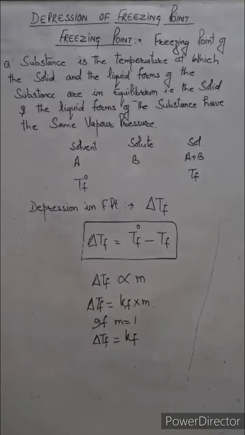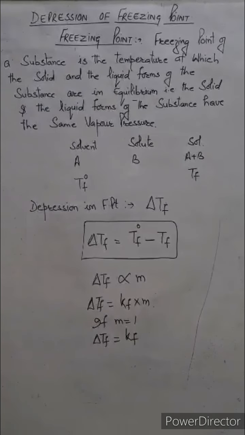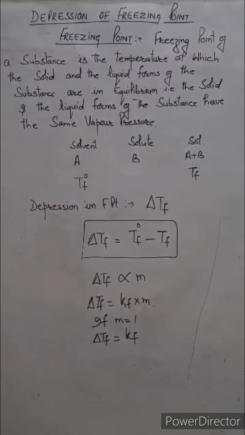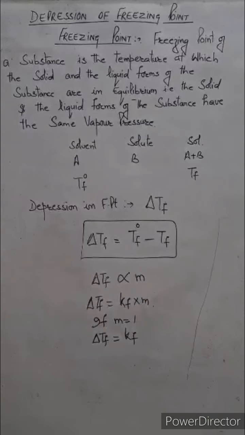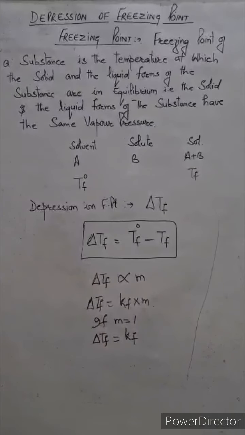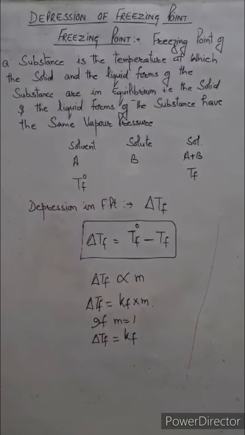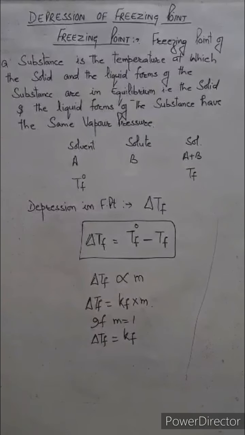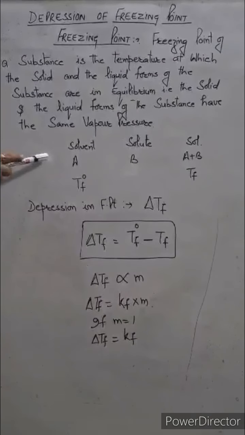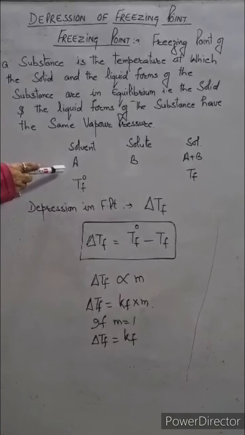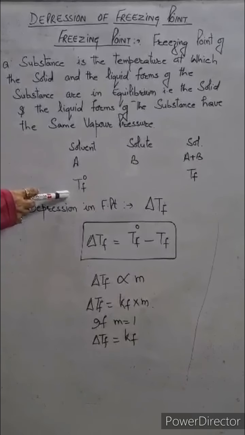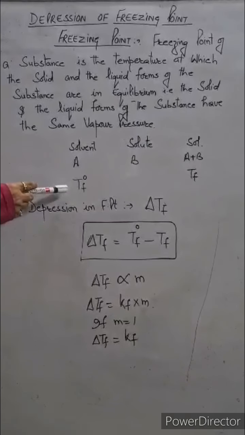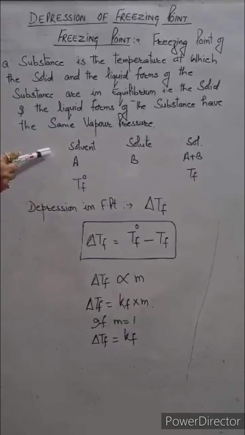So if we have a solvent and a solute, and they combine to give a solution, right? So if I have a glass of water, let us suppose that is my solvent, and it is denoted by T naught F. T naught F is the freezing point of a pure solvent.